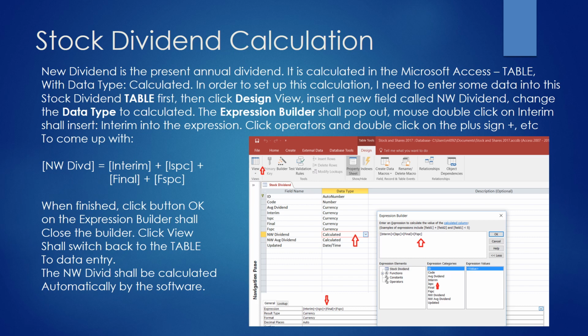When finished, click the OK button and the expression builder shall close. Click View to switch back to the table for data entry. The new dividend shall be calculated automatically by the software.